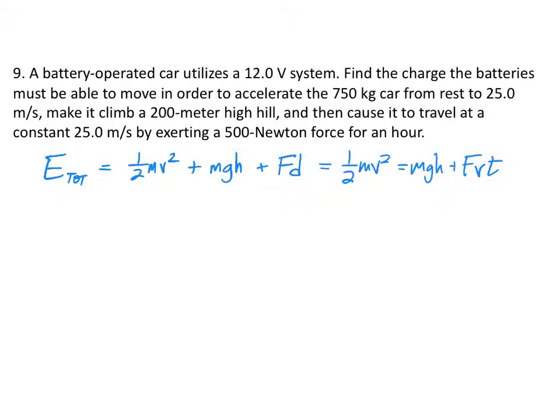So, what do we have going on here? So, at the beginning, we're going to total energy here. We have, let's see, so let's plug and chug. So we have half of the mass of the car, 750 kilograms.